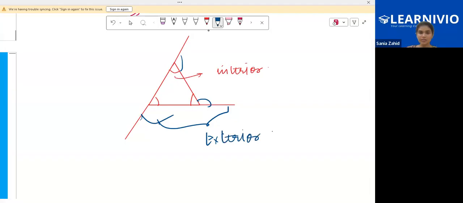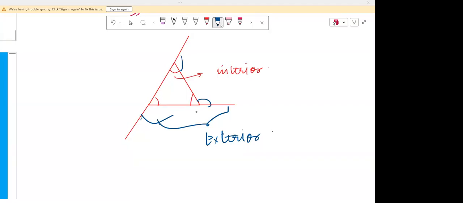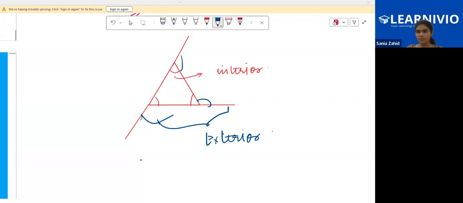Please make a figure for interior and exterior. Yeah, done.